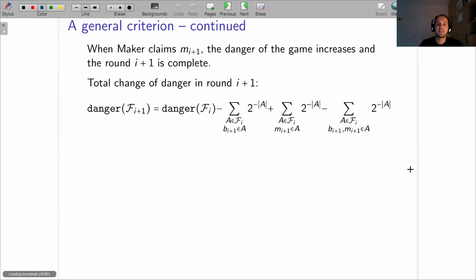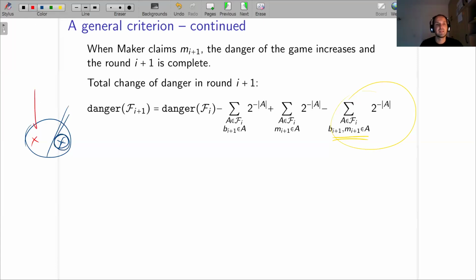And that's it. And then there is one more term which contains those sets that contain both, because we have to account for that. If there is an element of the board in this winning set that breaker claimed, and after that maker claimed, then we remove this winning set after breaker played, and this doubling does not occur.